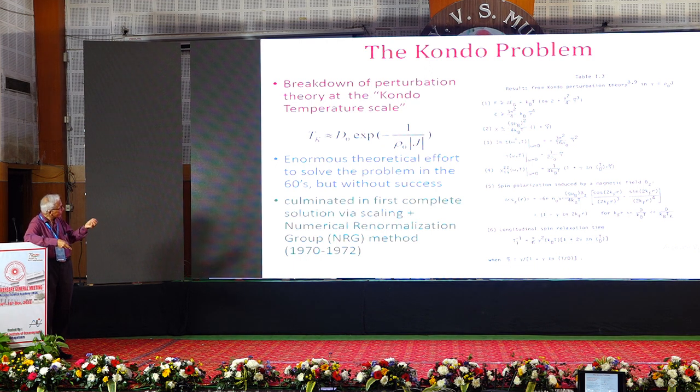If the coupling constant is very small, this temperature is extremely small. But if the coupling constant becomes reasonable, this is a sizable temperature, and at that temperature, everything falls apart. I cannot figure out what is going to happen to this problem at low temperatures. So this is the problem, and there were a lot of different attempts to solve it in the 60s without success, and it was finally solved by Ken Wilson using something called the renormalization group method.